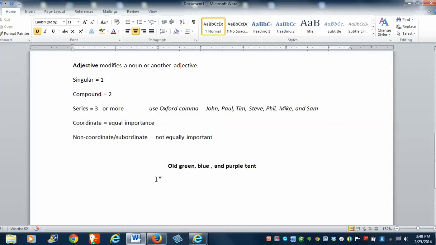So it's not considered to be as coordinate as green, blue, and purple. So we're going to put old out in the front. It's not as close to tent, the noun being modified, as those other adjectives. It's not as close, period. It's not considered to be one of the inner circle, the close friends, okay? So old then is a subordinate adjective that is modifying all of these other adjectives and the noun, okay?